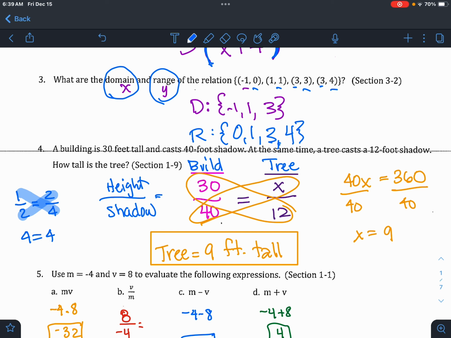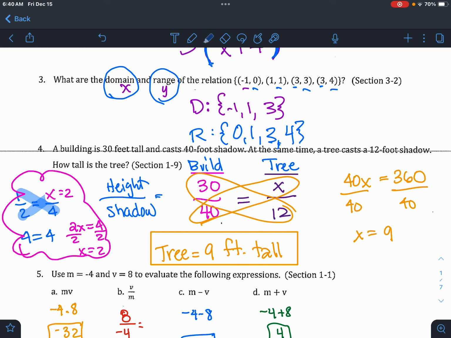Because of this concept, if I have a missing value, like this is x and I don't know what it is, I could still solve, because when I use my cross products I'd get 2x equals 4, and I could isolate that variable and solve, which I know is 2. So because of this concept, we can write proportions, and proportions are equivalent fractions.